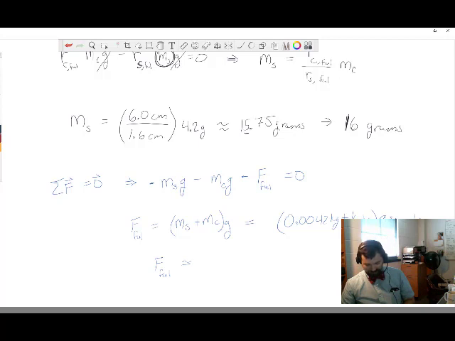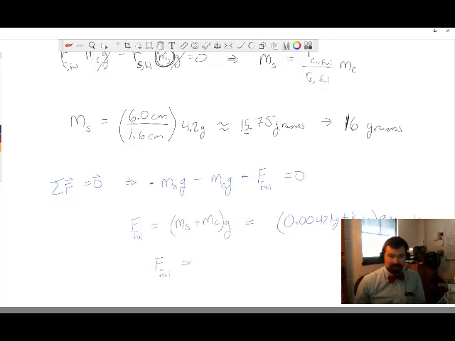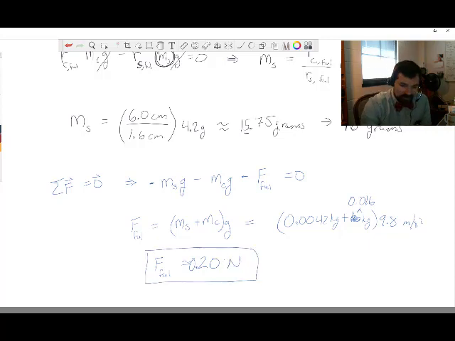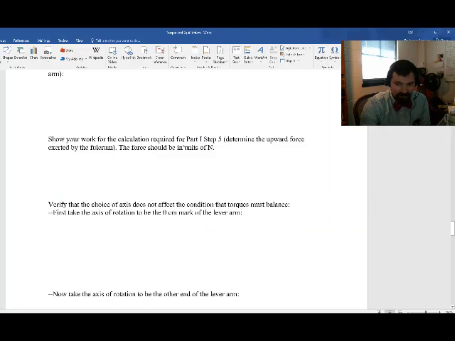Plus 4.2 times 9.8, you get about 196. Sorry, this should be 0.016 kilograms. You plug all those in, you end up getting 0.20 newtons. That doesn't go anywhere on the table, but it does answer this question.